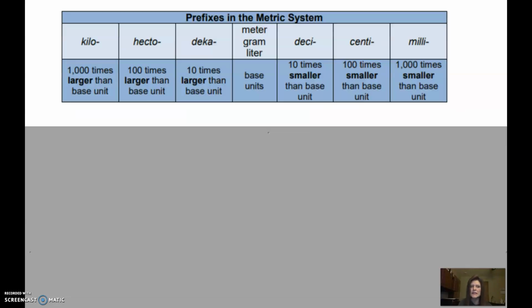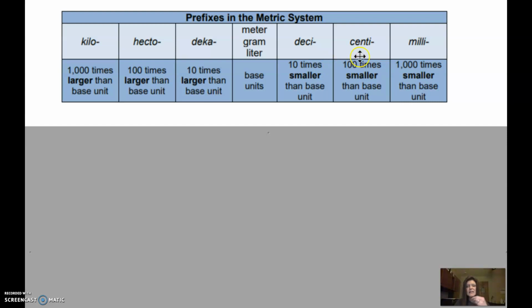All right, so let's get to some conversions. The first thing we have to recognize is that within the metric system, we have those base units, and then we have prefixes that tell us if we're getting smaller or larger from that base unit. If my base unit is the meter, the gram, or the liter, a prefix of deci means it's 10 times smaller, a tenth of that base.